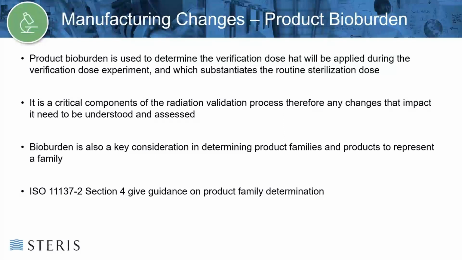It also goes on to discuss that products within the family have bioburden with similar numbers and types of microorganisms. Anytime there is a change in quantity of microorganisms or change in the type or resistance of microorganisms, the impact to the product family definition or the selected representative device needs to be assessed or considered.